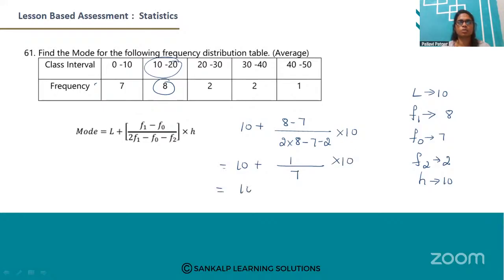So this is equal to 10 plus 10 by 7, which is 1.43. So this is equal to 11.43. Therefore, the mode for the given frequency distribution is approximately 11.43.